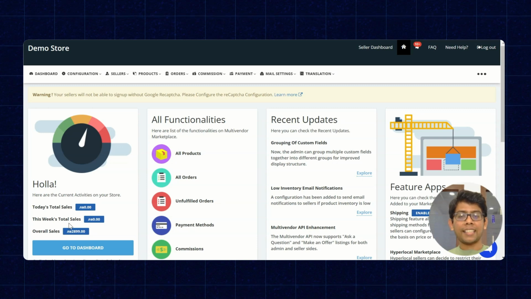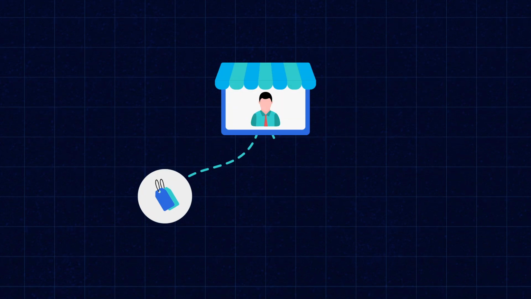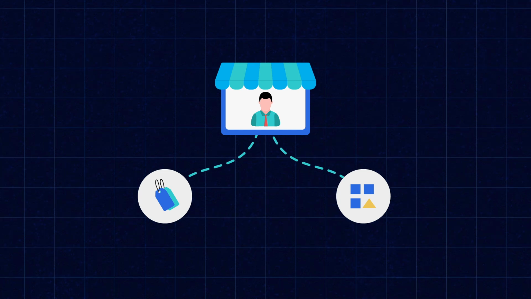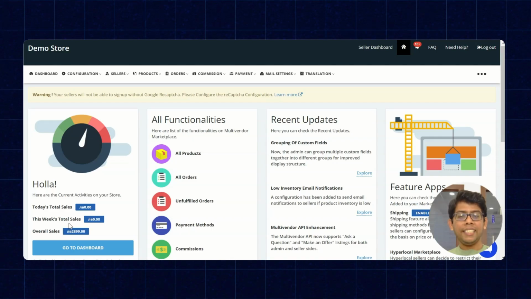Using seller tags and categories, vendors can assign tags and categories to their profiles as defined by the admin. These tags and categories become the filter on the storefront, helping customers to quickly find the relevant sellers and products.